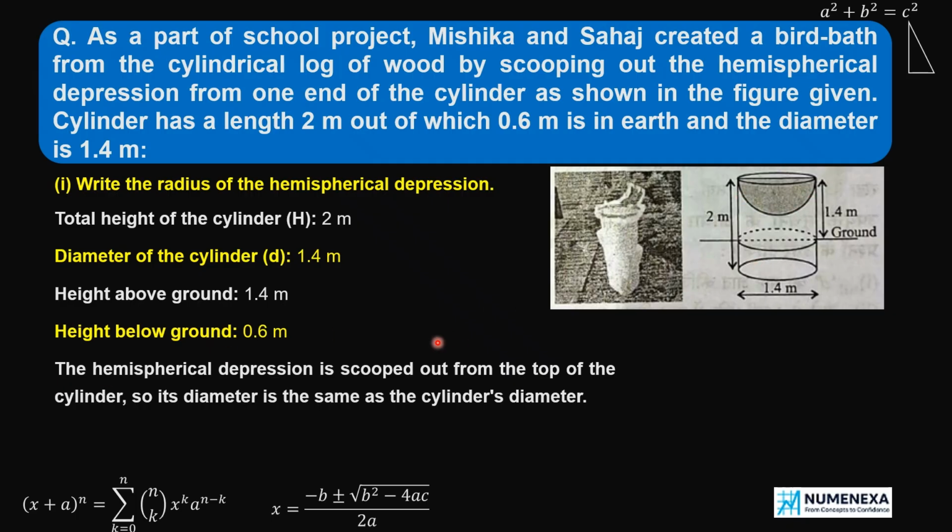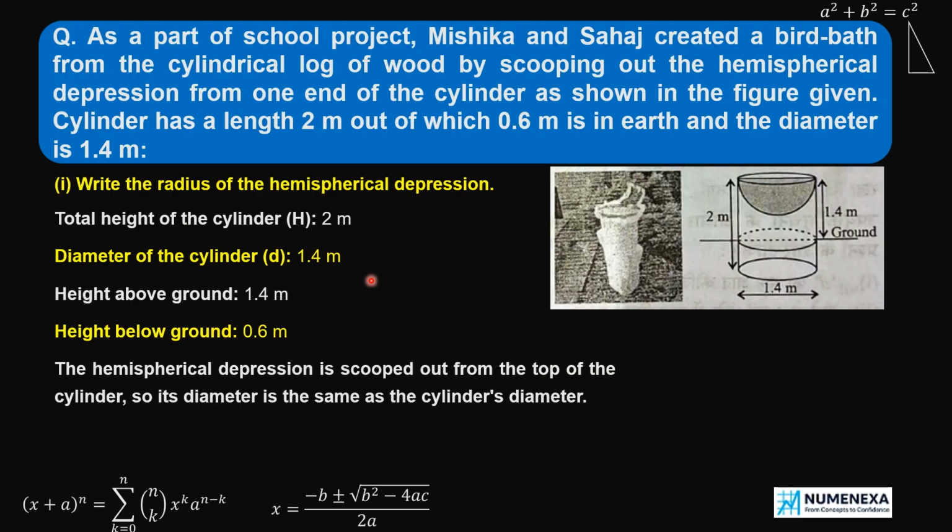So its diameter naturally will be equal to the diameter of the cylinder. And we need to determine the radius of the hemispherical depression. However, the diameter of this hemispherical depression is 1.4 meter.